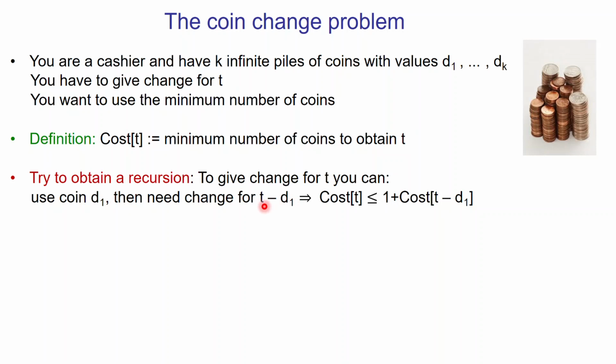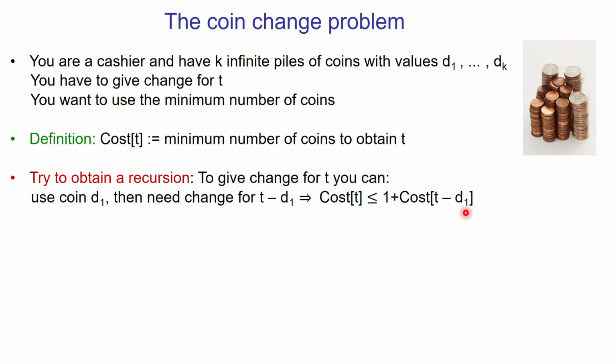This fact means that the cost of t is at most 1 plus the cost of t minus D1. The number of coins that I need to get to t is 1 for D1 plus the number of coins that I need to get to t minus D1. This is if we use coin D1.